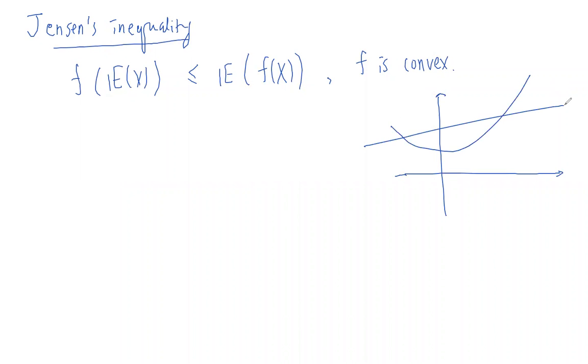If you put a secant line, for any two points within, this value dominates this value. So you will have convexity. Any ideas?